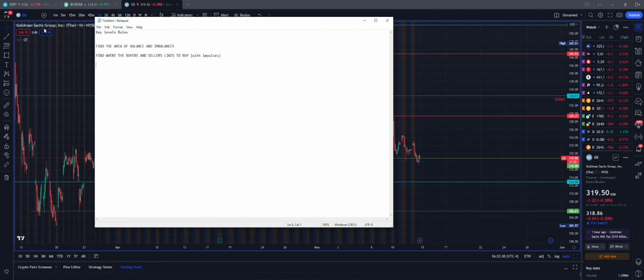If it goes below your expected range, check the history range before that. Make sure there's no buying area or selling area below or above.